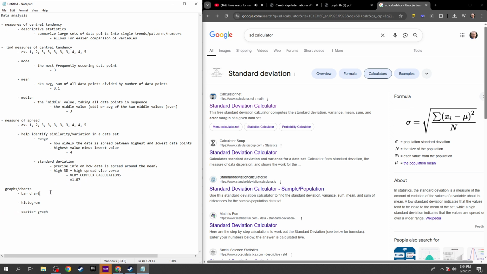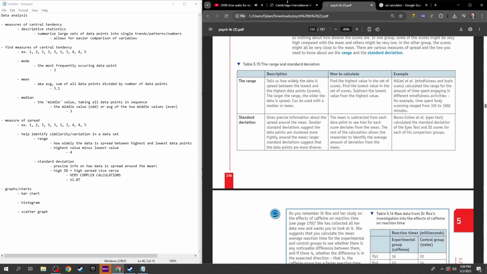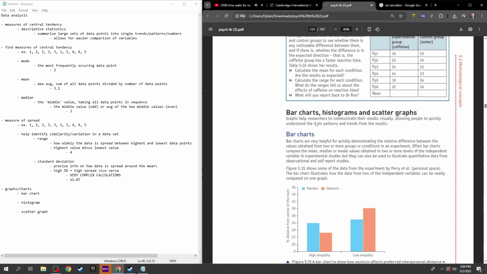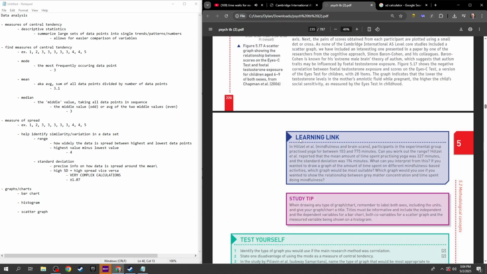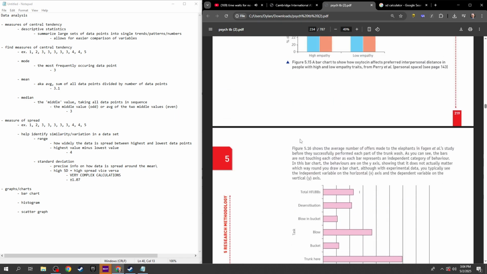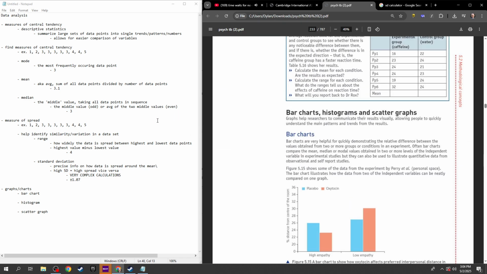Okay, next. We're done there, I think, right? This is the end of the chapter, I think. Yes, it is. So, bar charts, histograms, and scatter graphs.